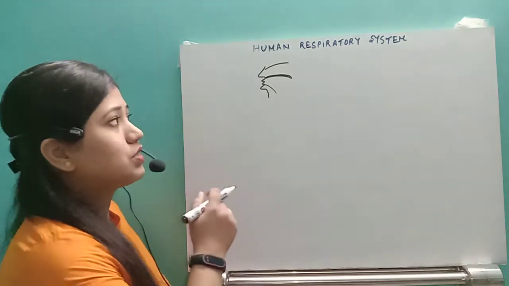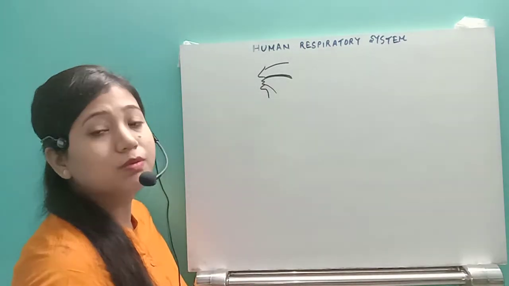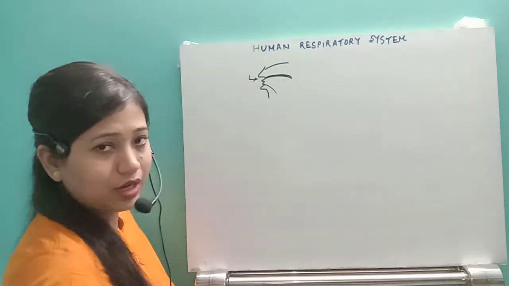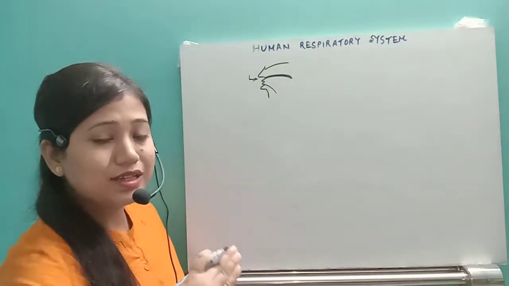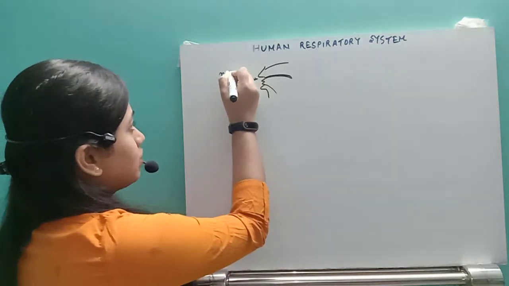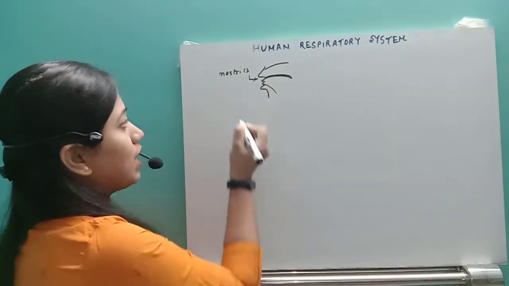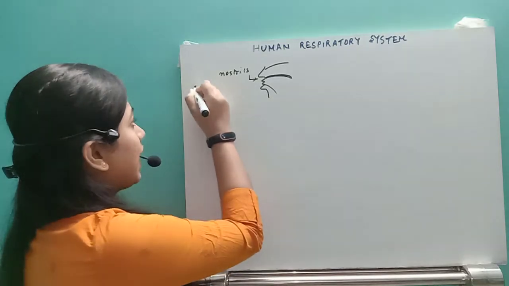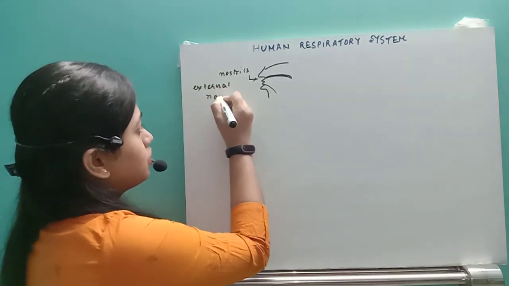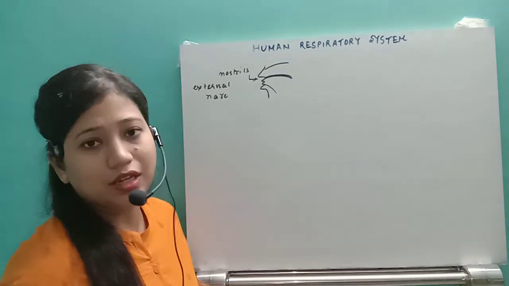So first of all, the human respiratory system starts with the two nostrils, right? We have the right and the left nostrils. These nostrils are also called the external nares.